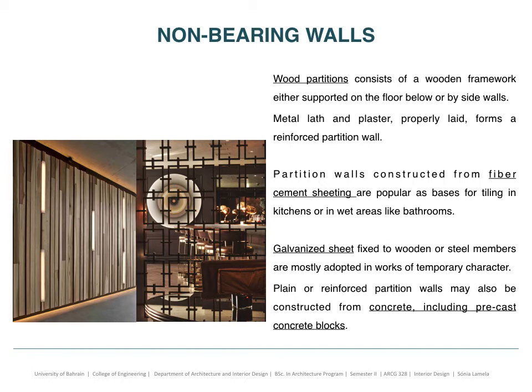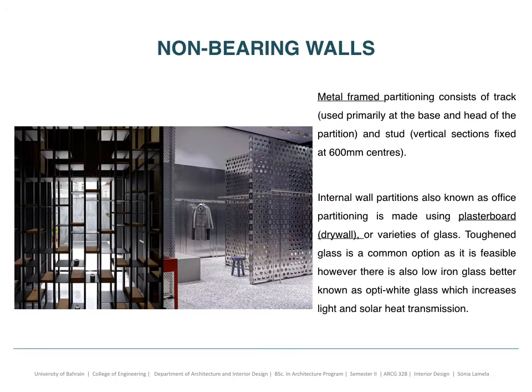They could be plain or reinforced partition walls, and they could be constructed also in different types of materials like concrete or precast concrete blocks. Then we also could have the metal frame partitions that usually are supported by tracks. They could be hung on the ceiling or supported or fixed in the ground, as we can see then after.